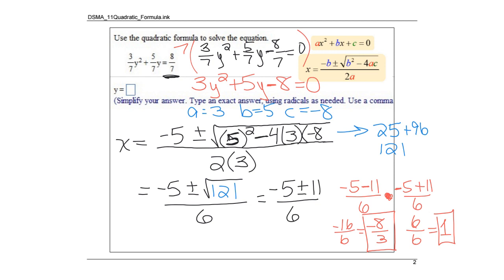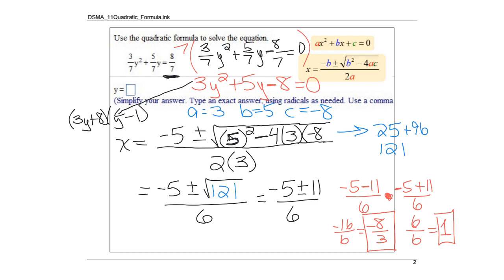So way up here, we could have factored this in the first place. We would have, let's see, 3y and y. And then over here, we would have plus 8 and minus 1. Let me double check that.